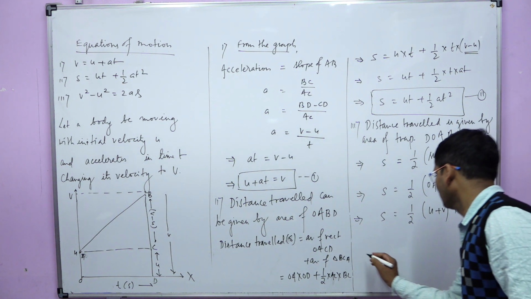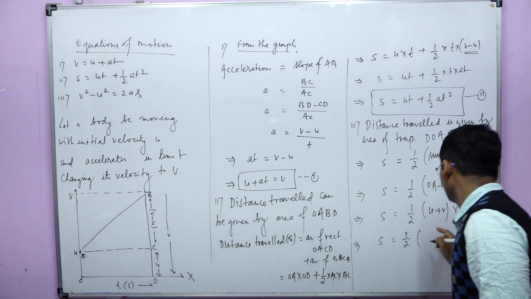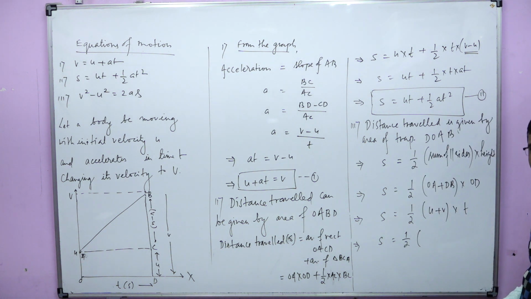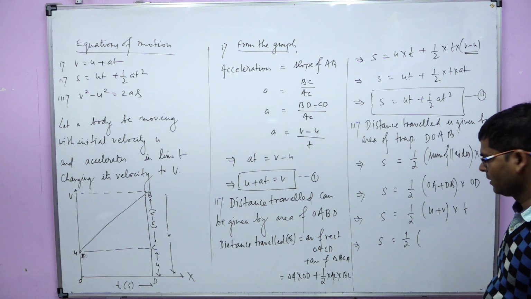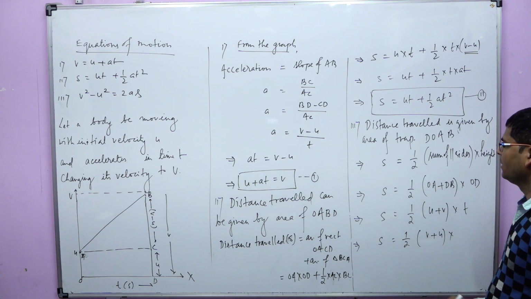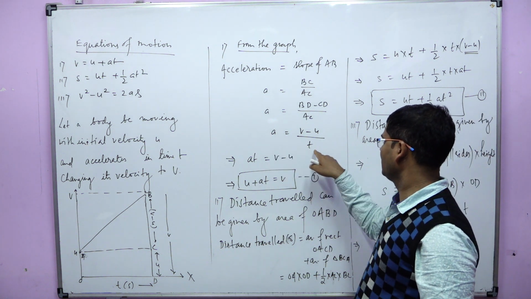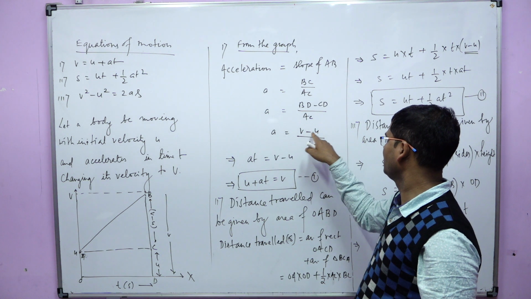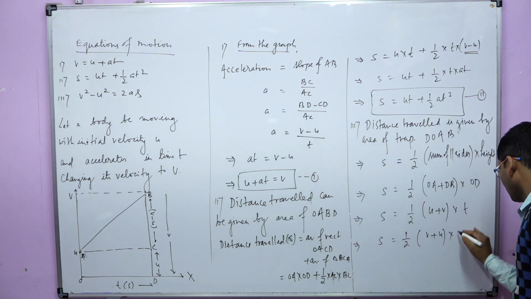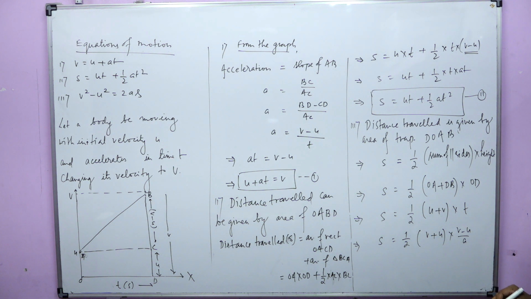Here again you will make changes. For our convenience in using the formula, we will write v plus u. In place of t, we write v minus u by a.